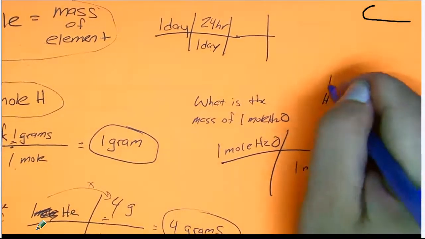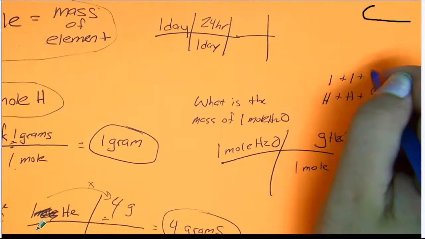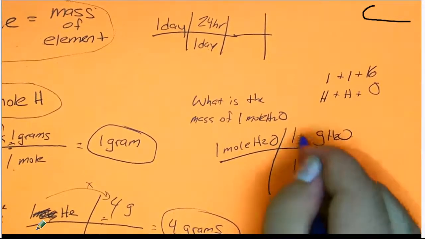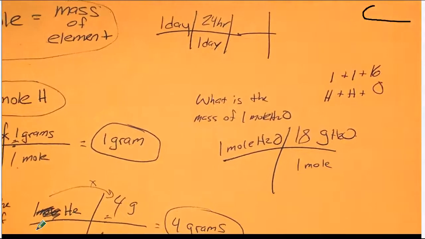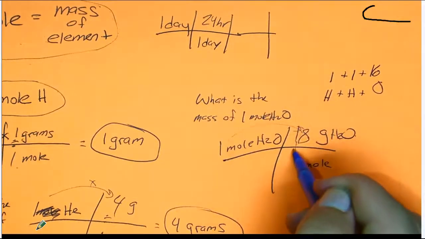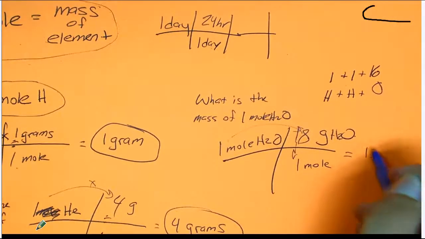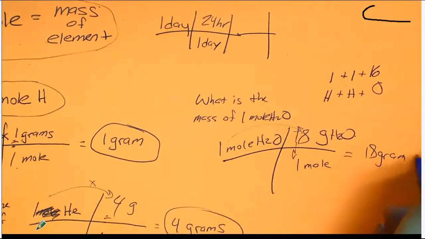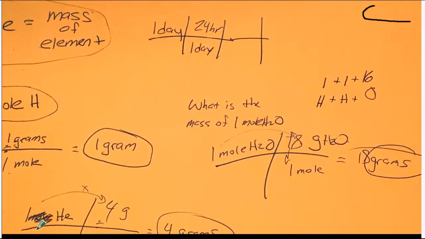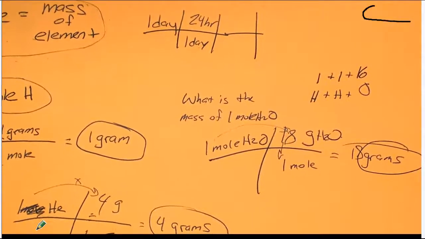The mass of H is 1. The mass of O is 16. If I add all 3 of those together, you get 18. So what is the mass of 1 mole of H2O? You multiply across, divide down. Your answer should be 18 grams. Hopefully that makes sense.